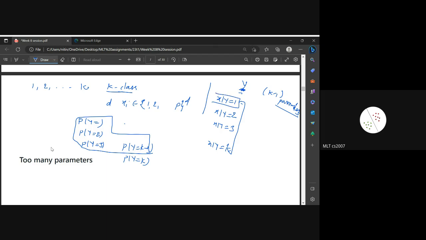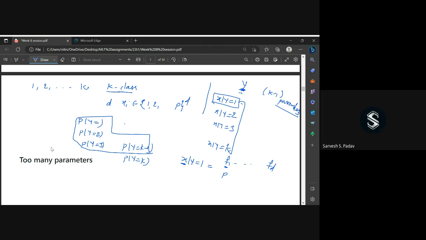Let's talk about this, p of x given y equal to 1. So how many data points can you think of for x? How many possibilities? Let's assume you have f1 to fd features. So how many possibilities for f1? It's p.